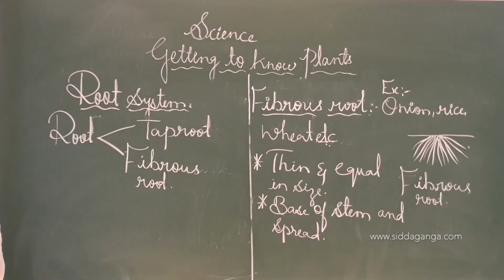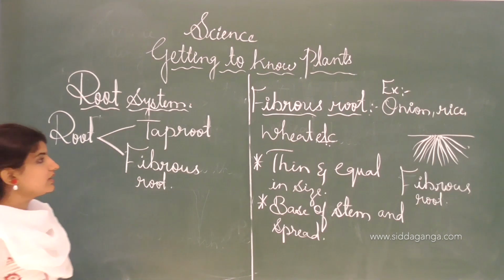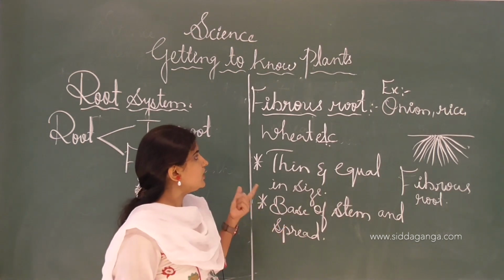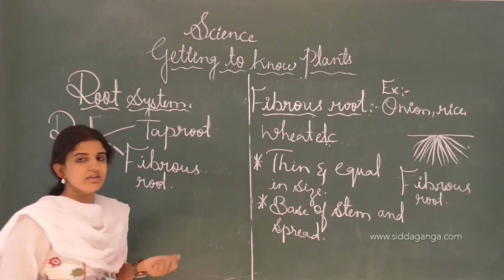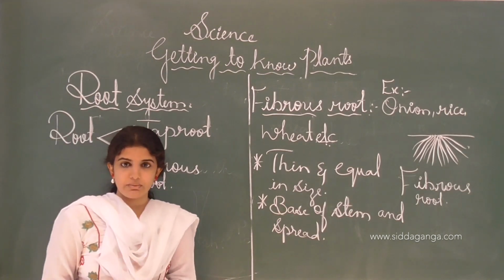See, these are all about the fibrous root. Examples for fibrous roots are grass, maize, rice, onion. Grass is also a fibrous root. See, we can distinguish the tap root from the fibrous root.